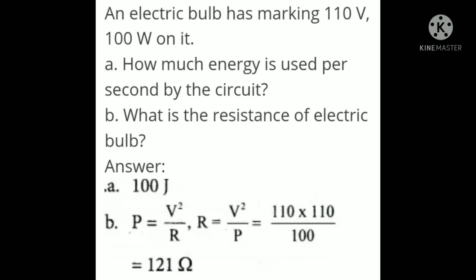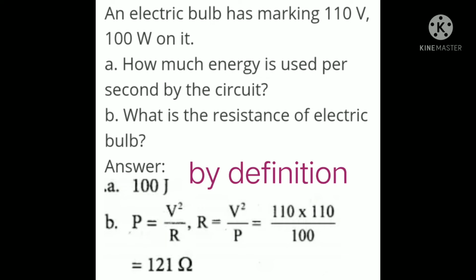Okay. An electric bulb has marking 110 volt 100 watt on it. How much energy is used per second by the circuit? What is the resistance of the electric bulb?